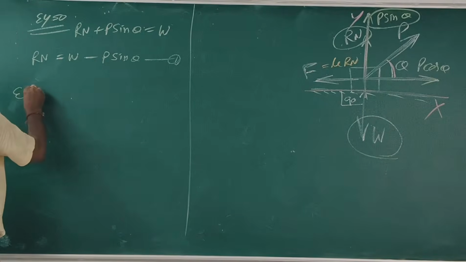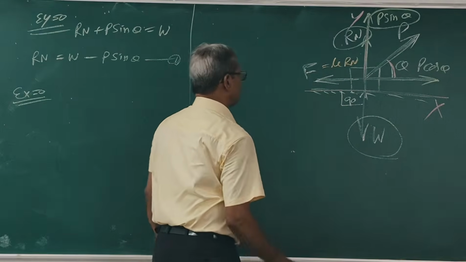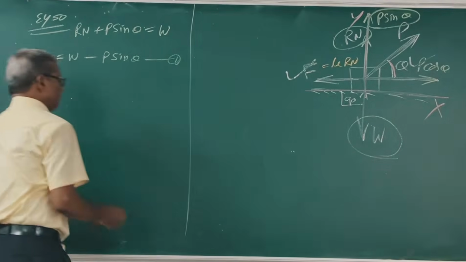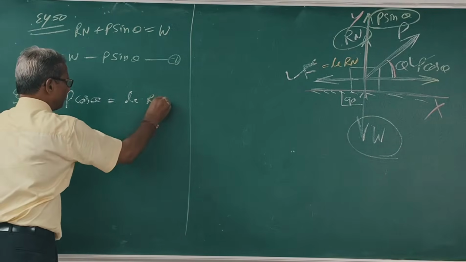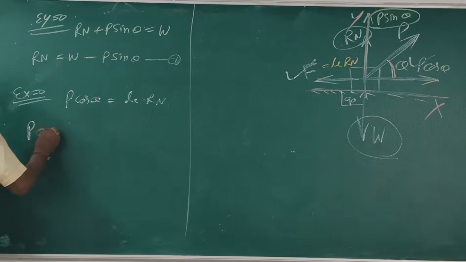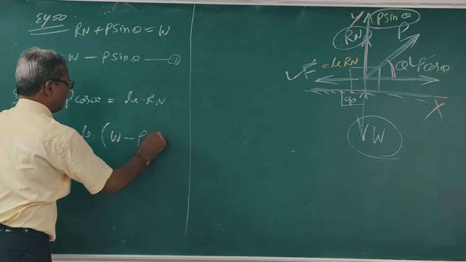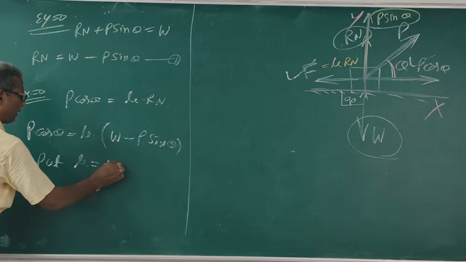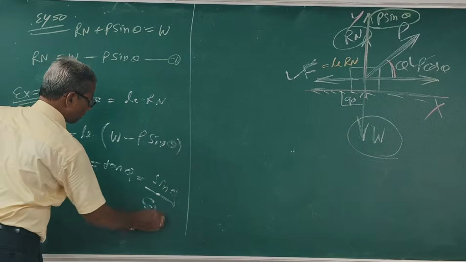The force along the x-axis: P cos theta is equal to mu Rn. So P cos theta is equal to mu into W minus P sin theta. Put mu equal to tan phi, which is sin phi by cos phi.